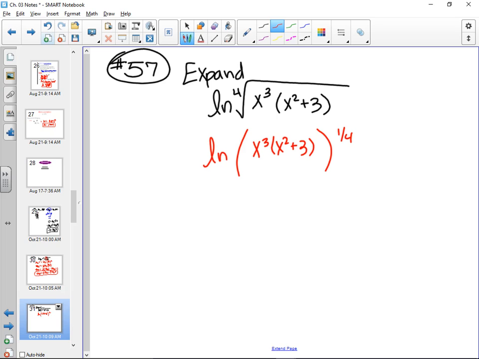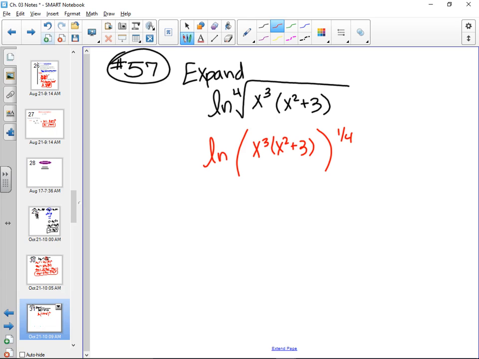Could I use brackets? I guess. I just use big old parentheses. I have 2 options. I can bring the 1/4 down and have to distribute him later like you just saw, or I could bring the 1/4 in because it's a power. And I have multiplication. Which one would you rather?